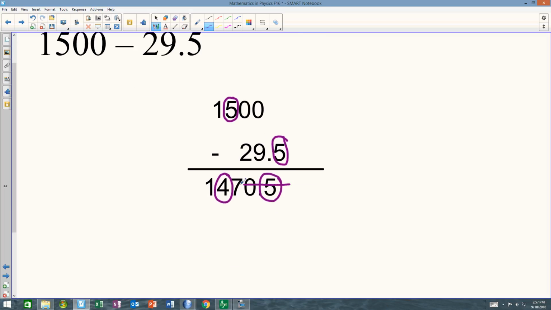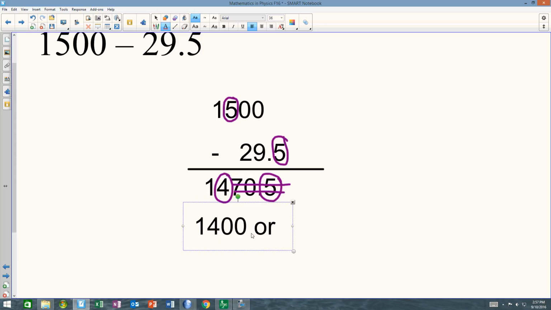That means everything here has to go. So my answer is going to be 1,400, or if I round up, because it's 1,470, I get 1,500. Now, I know this doesn't make any sense, does it?